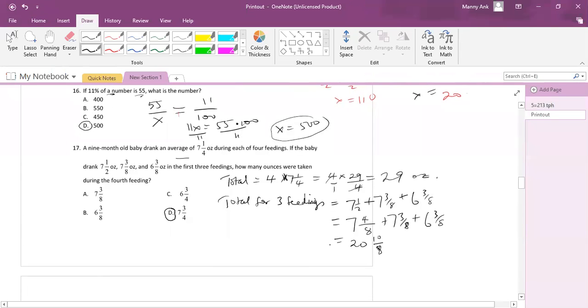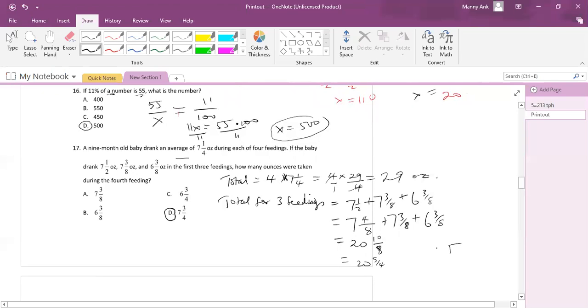So let's reduce this to the simple form. 10/8, that means how many? Let's reduce this to lowest terms first. This is the same as saying I have 5/4 here. Okay. But this is an improper fraction, so change to a mixed number.